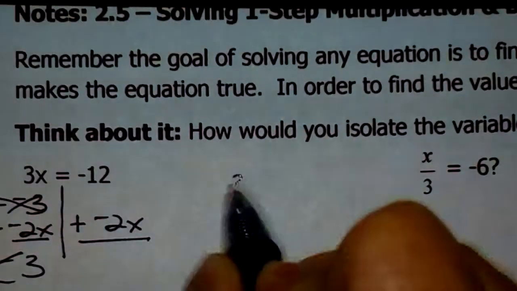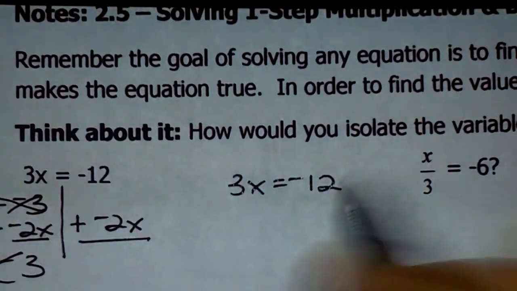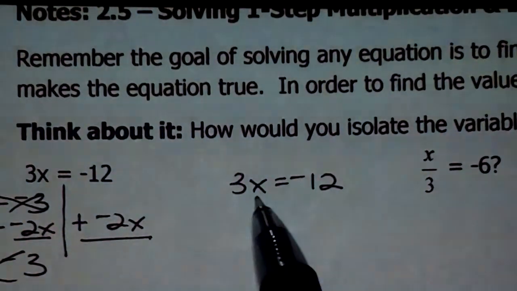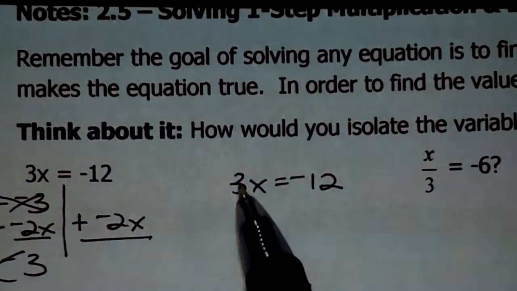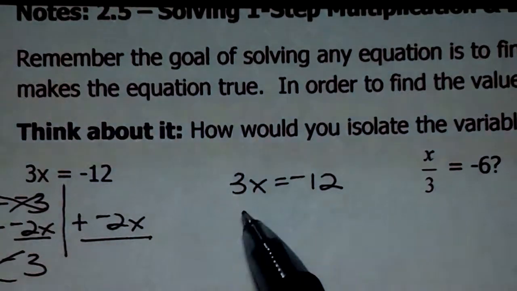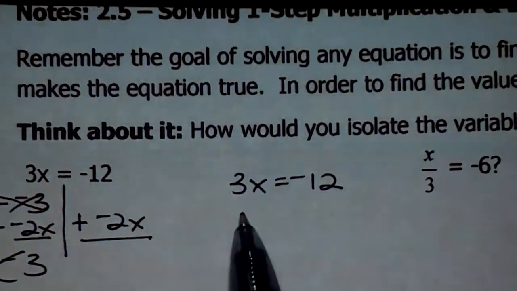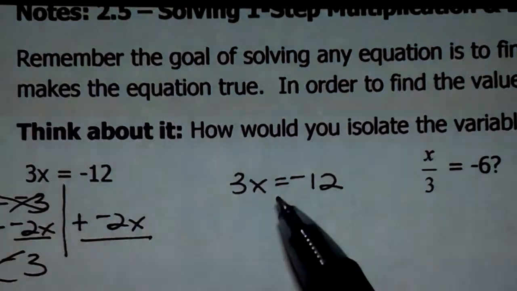I'm going to rewrite this problem over here. And think about this. In order to get x by itself, isn't any number divided by itself 1? Right? And I know that we can't add terms that aren't like terms. But we're allowed to multiply and divide, right?